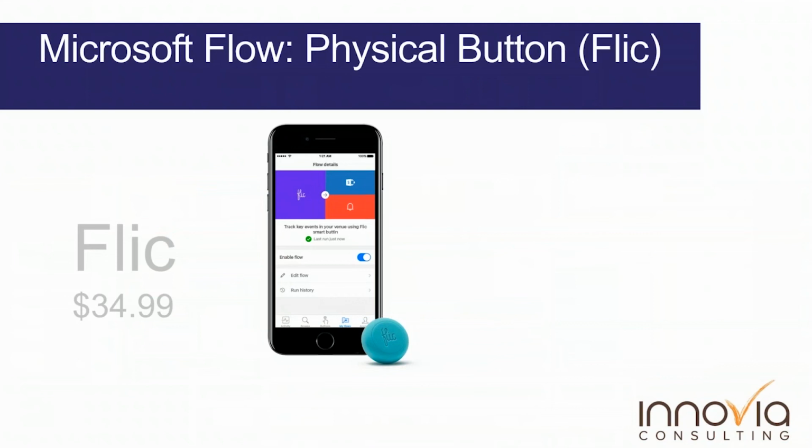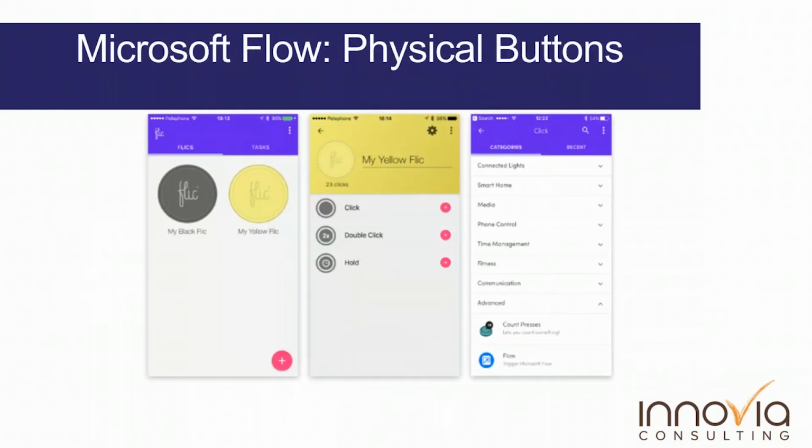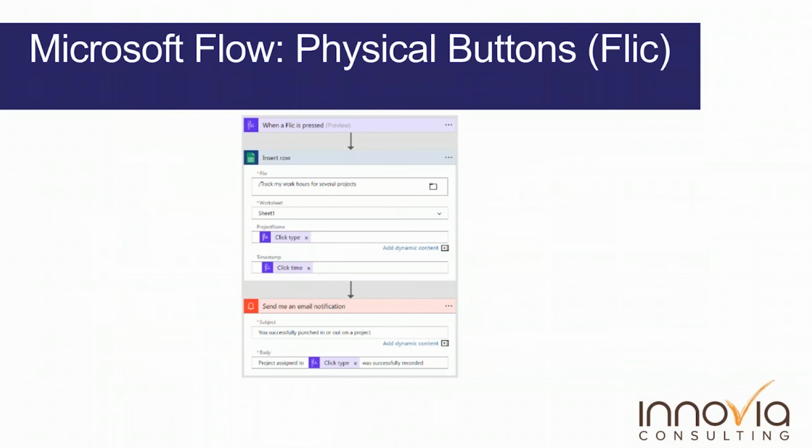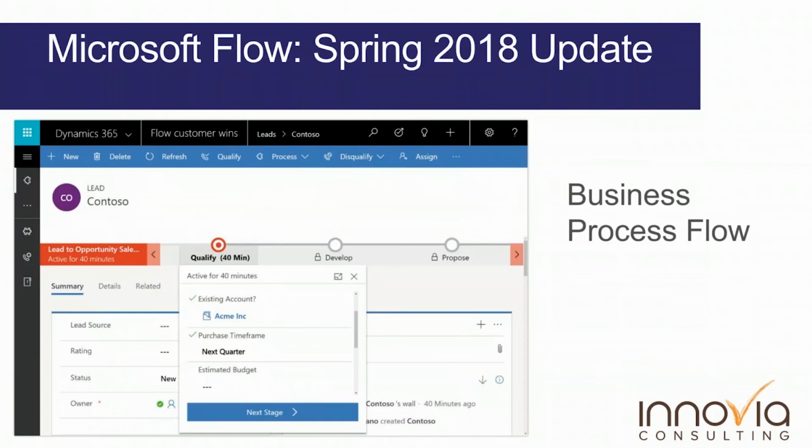Flic is another great button, so a little bit less expensive. We find it to be pretty useful. There's a Flic button. There's also a, I'm going to flip through these pretty quick. Some updates coming for Flow, so you can begin to automate these. They'll run a little bit more often.